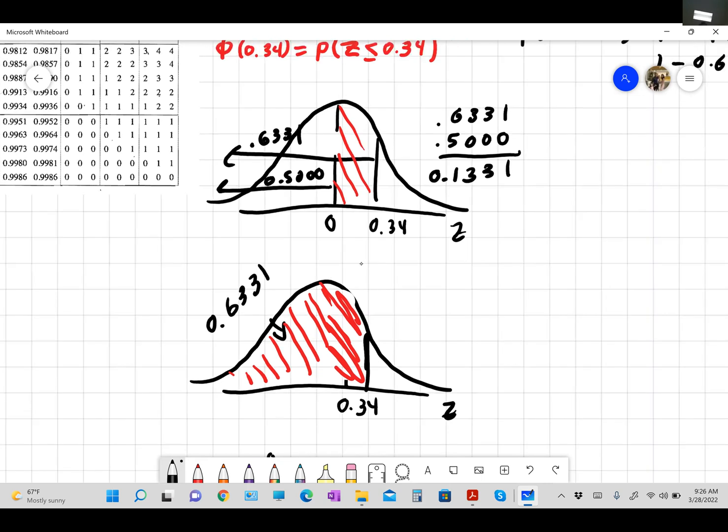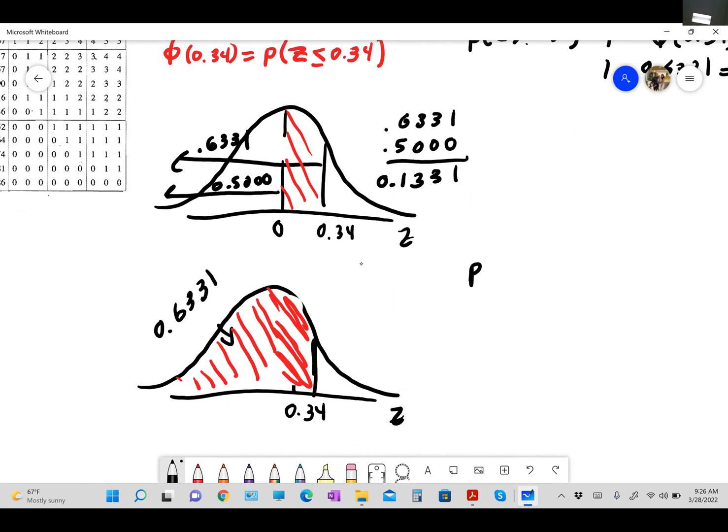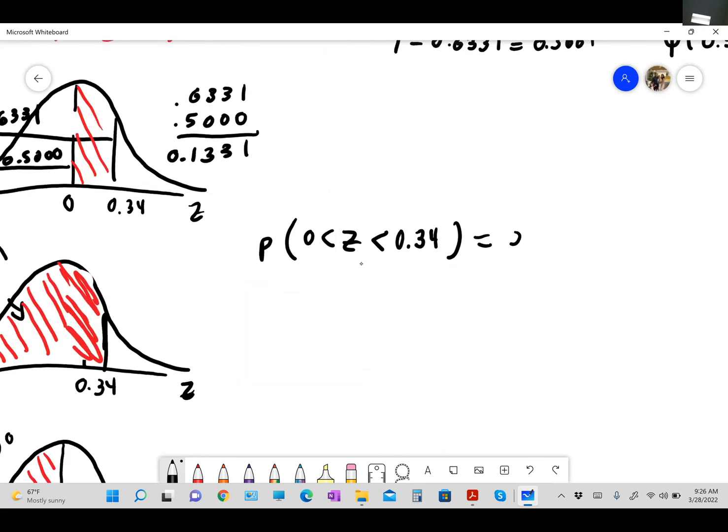So to find the probability of z being less than 0.34, but at the same time greater than 0, you would just take your phi of 0.34 and subtract your phi of 0.0. I'll just write it to be consistent. That's all you do.